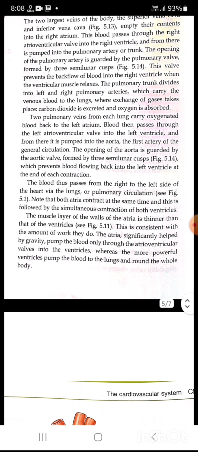The muscle layer of the walls of the atria is thinner than that of the ventricles. This is consistent with the amount of work they do. The atria, significantly helped by gravity, pump the blood only through the atrioventricular valve into the ventricles, where the more powerful ventricles pump the blood to the lungs and round the whole body.